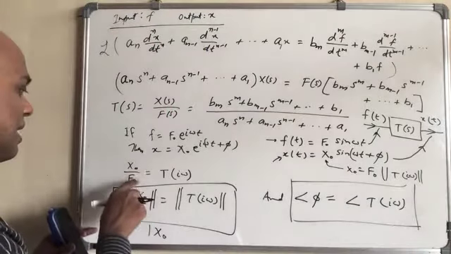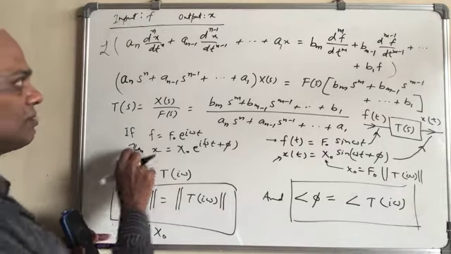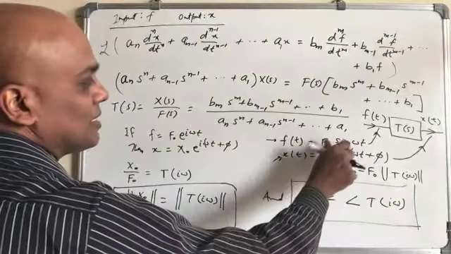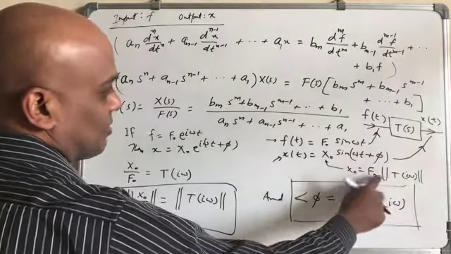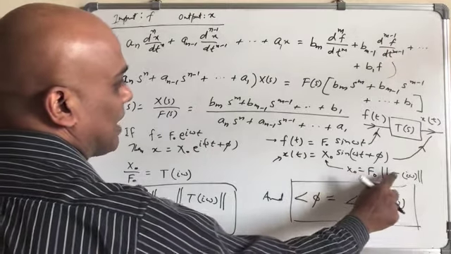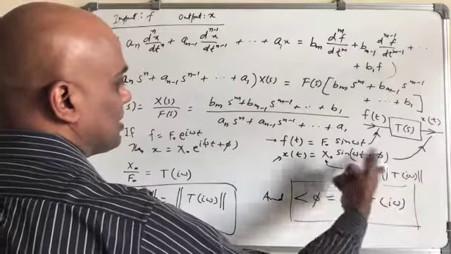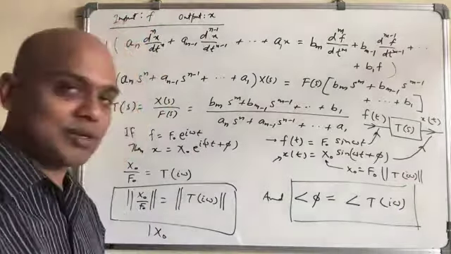Here x naught and f naught are sort of complex number formulation, but it's a general solution. But when we spell out the real numbers, then finally we know that f naught is a real number. So x naught equals f naught times the magnitude of T(iω), and that will give you the x naught. So this is how the system will behave under the sinusoidal input.